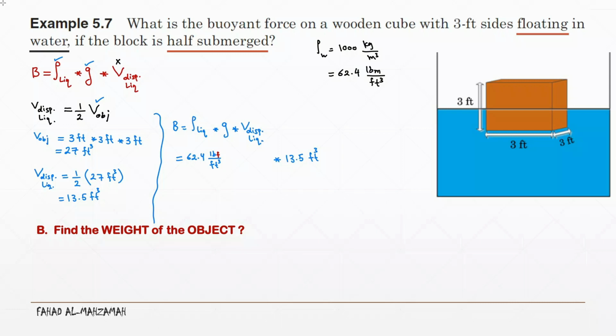So now 62.4 pound force per cubic feet, and we said that the specific weight gamma of the liquid is equal to rho g, the density multiplied by the acceleration of gravity.